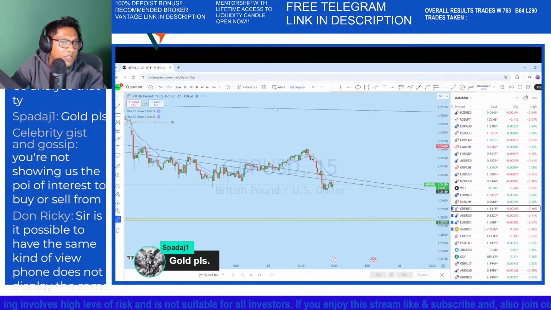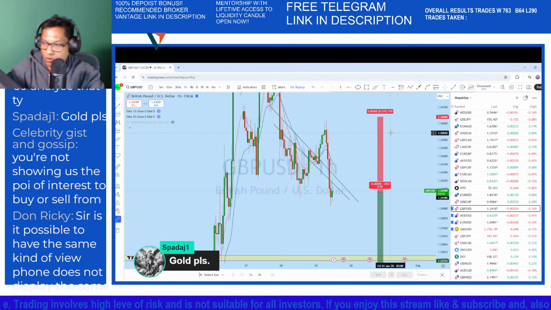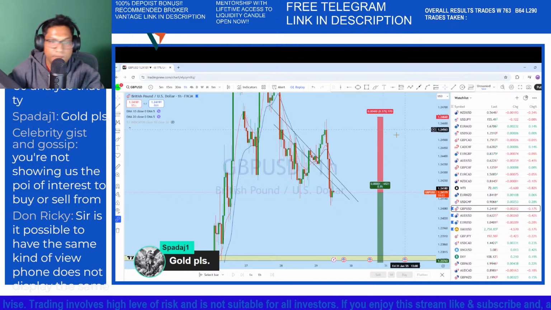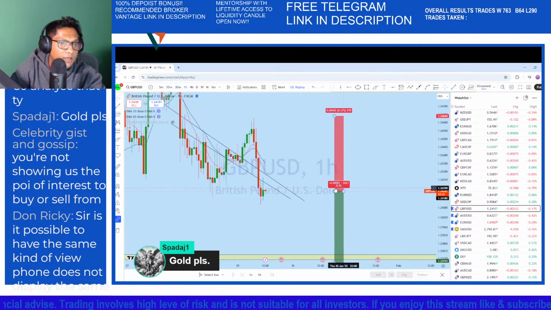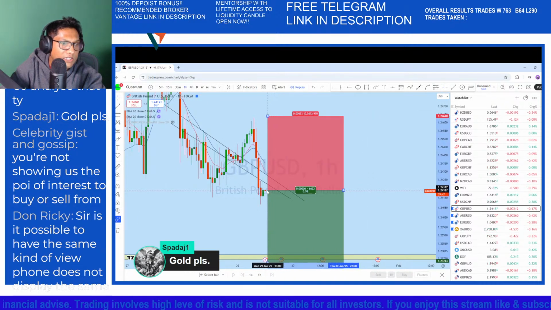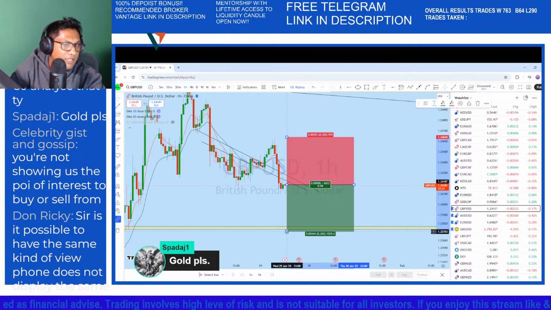Pretty strongly bearish price action on XAUUSD. So in this market, if we look at the price action here, this is the 1 hour chart, and the price is heading to that level. This is the resistance line.